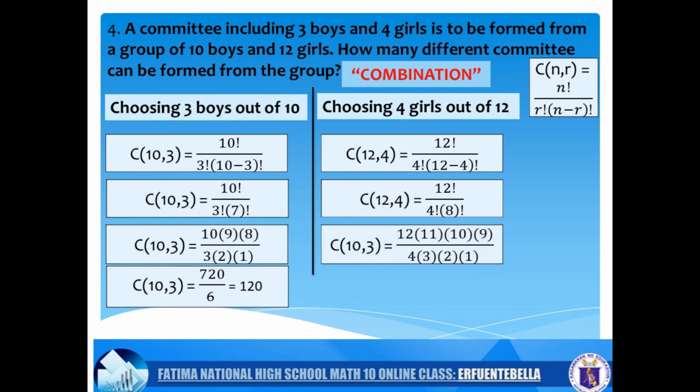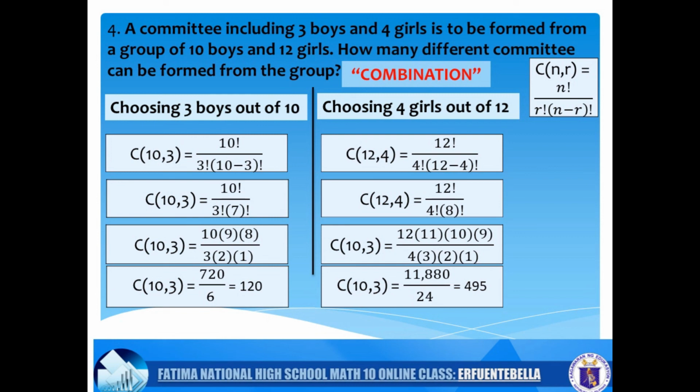So we cancel already the 8 factorial, so the remaining products are 12 times 11 times 10 times 9 over 4 factorial, which is 4 times 3 times 2 times 1. So the product of 12 times 11 times 10 times 9 is 11,880 over the product of the divisor, 4 times 3 is 12 times 2 is 24. 11,880 divided by 24 is 495.